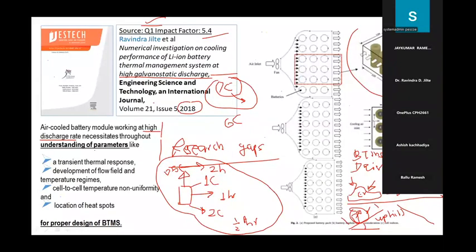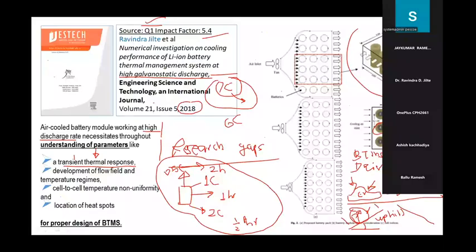We wanted to understand and provide insights on the meaning of transient thermal response. Transient means, as per time, what the temperature development is in a single battery cell.